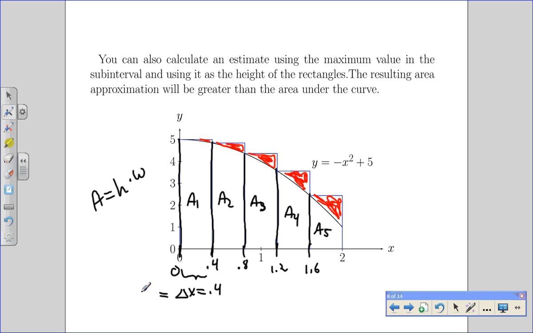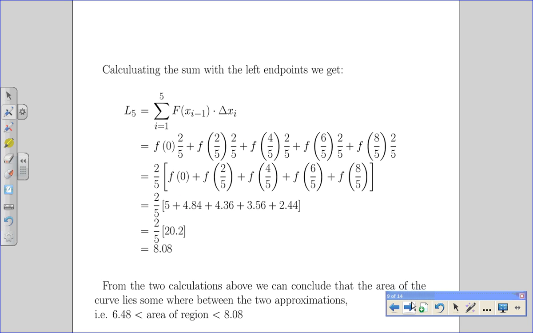And the height is the function value. And we just take our function values off the table. And here, the reason it says L sub 5 is because I used left endpoints. The other one was R sub 5 because I used right endpoints.